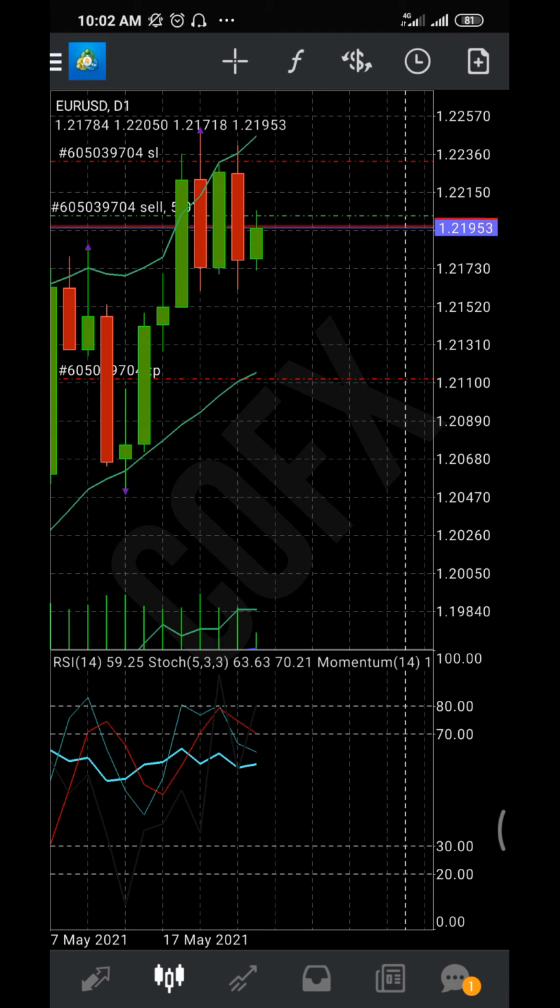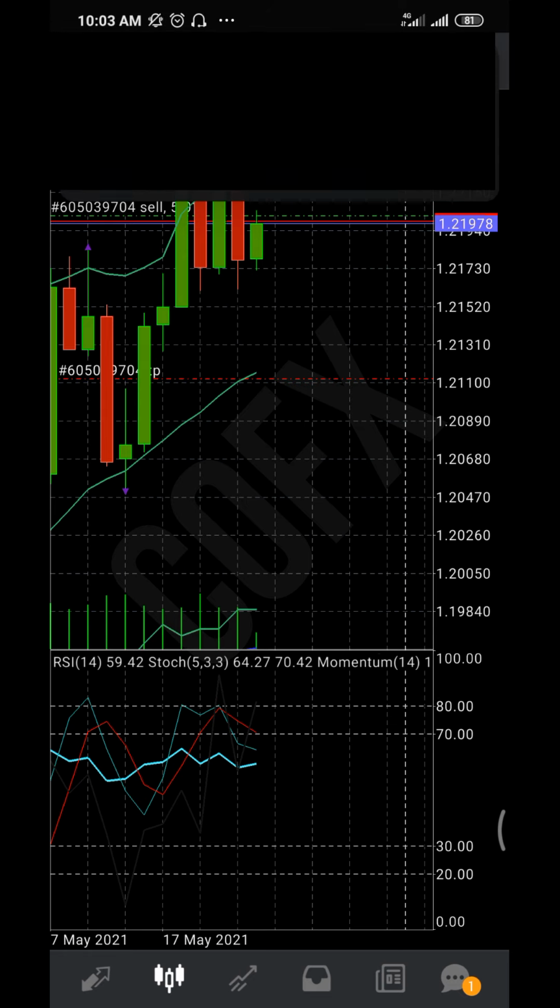Now this is a sell order, so my stop loss will be above the opening price. If after analysis I see that I don't need to keep the stop loss as far as 100 pips away from the opening price, and maybe just 30 pips is okay, then it means that I can increase my lot size.